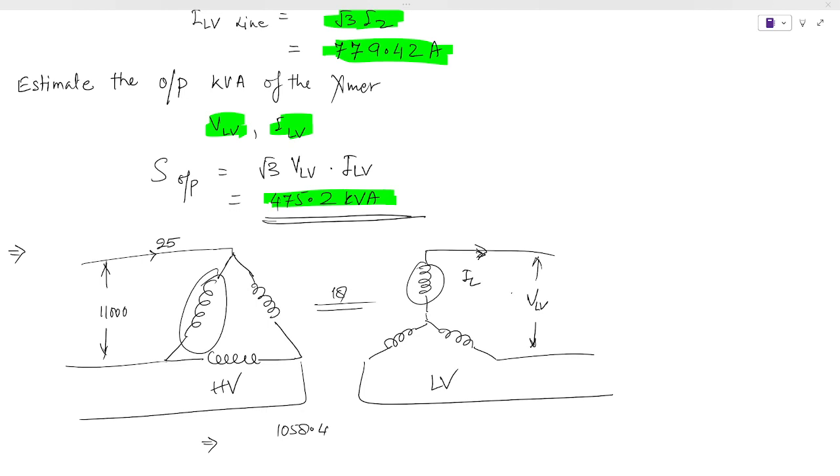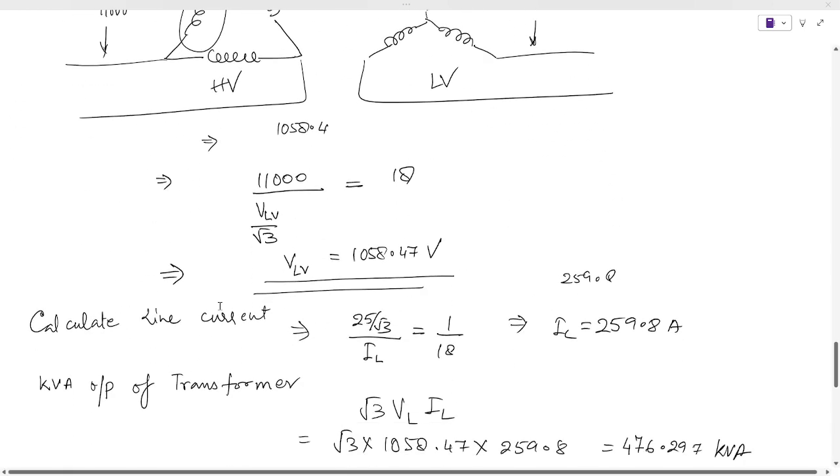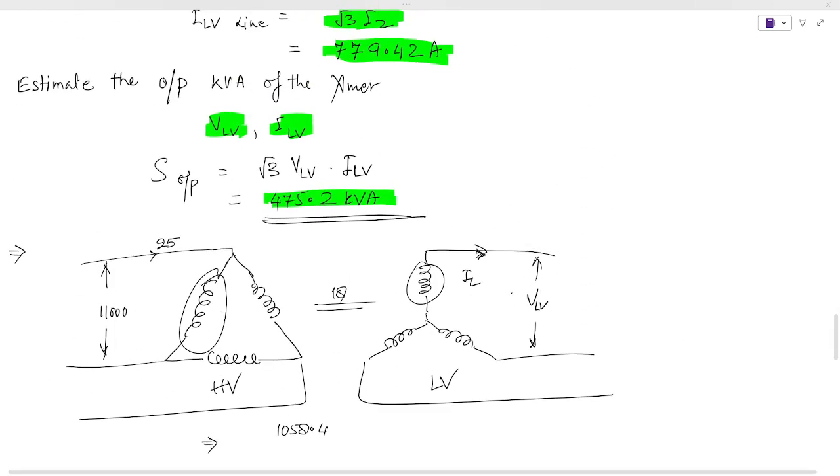Now they are saying estimate the low voltage side line current in ampere if the transformer is delta star.